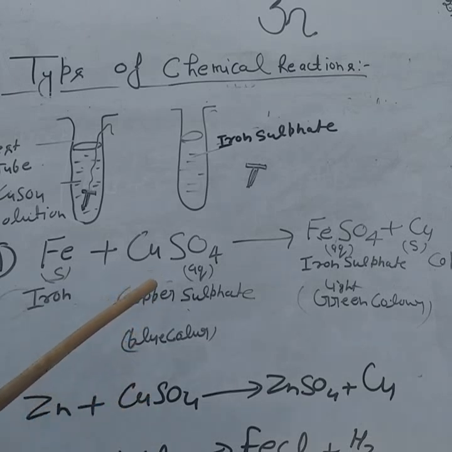So in this reaction, iron is more reactive than copper, so iron displaced copper from its proper place. In the other reaction, zinc is also higher in activity than copper, so zinc displaced copper in copper sulfate and took its place.